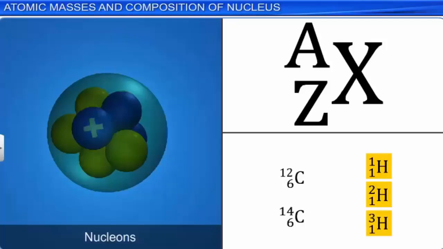H2 is referred to as deuterium and H3 is referred to as tritium. The deuterium nucleus has 1 proton and 1 neutron, whereas the tritium nucleus has 1 proton and 2 neutrons respectively.